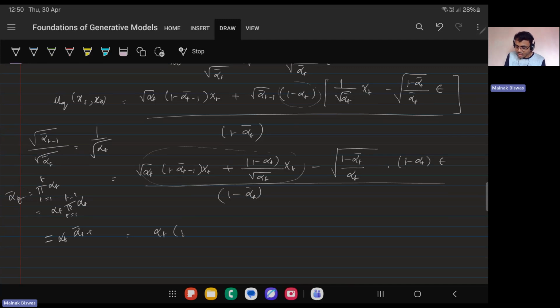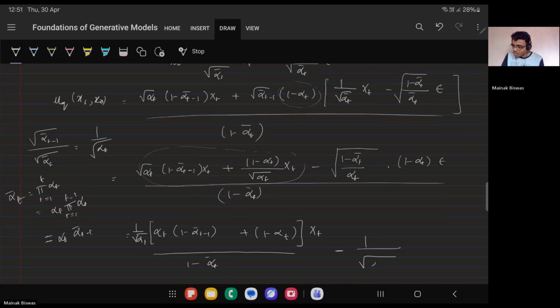I'll get root alpha t (1 minus alpha t minus 1 bar) plus (1 minus alpha t) by root alpha t, times xt, divided by 1 minus alpha t bar, and I'll have a negative term where I'll have 1 by root over alpha t (1 minus alpha t bar) into (1 minus alpha t) into epsilon, right? This is what I'll have.